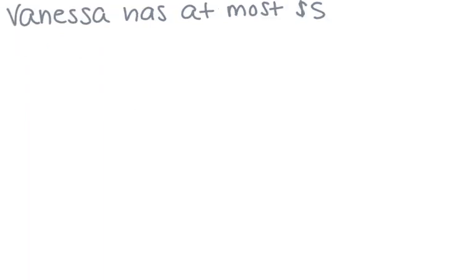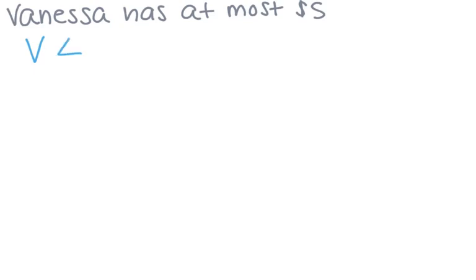And now we have Vanessa, and Vanessa has at most $5. So I'm going to use V as our variable to stand for Vanessa, and she has at most $5. So she can't have anything over $5.